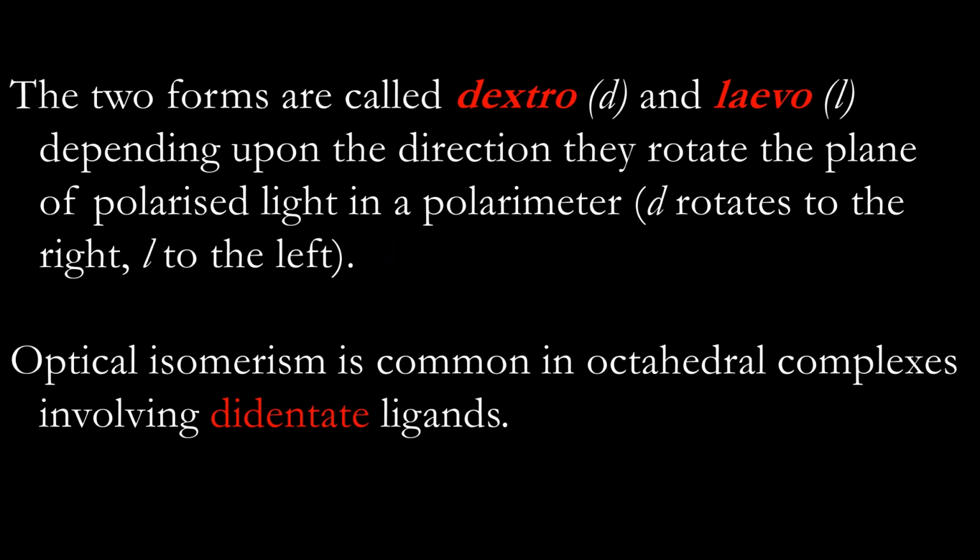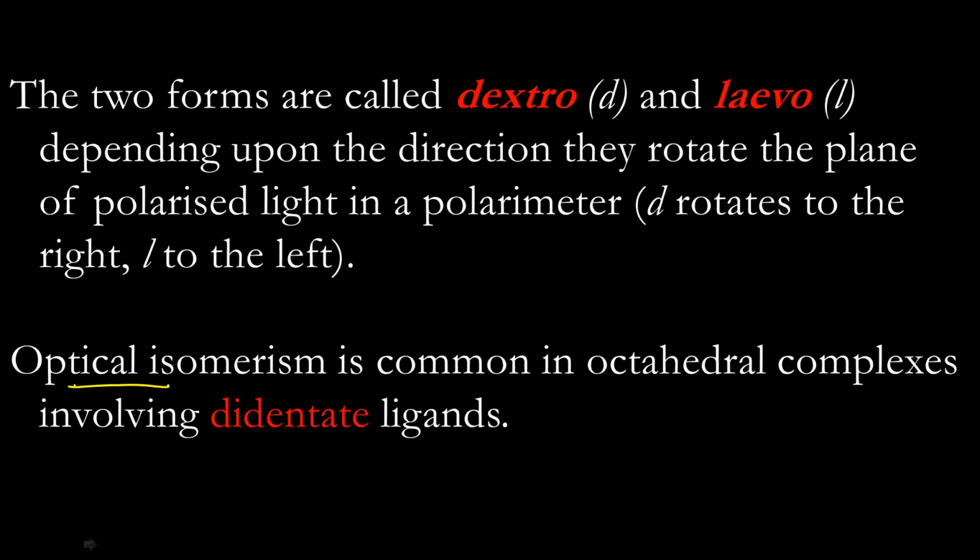Remember, lowercase d means clockwise, lowercase l means anti-clockwise, and you cannot get it by theory. It has to be determined experimentally.